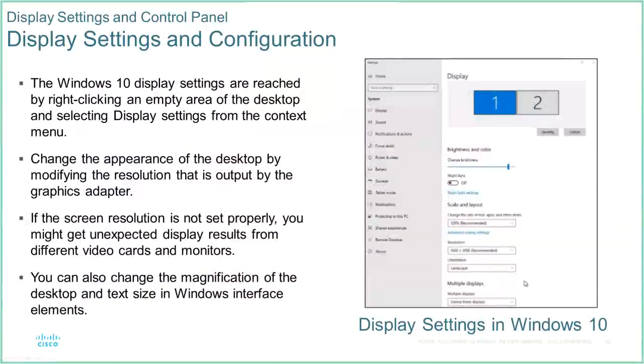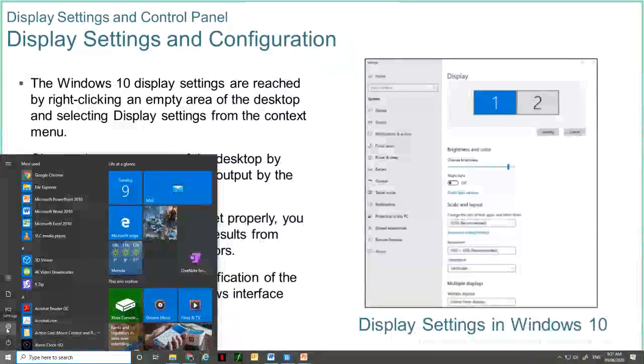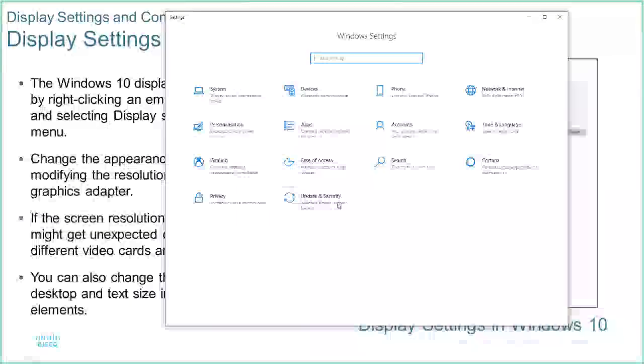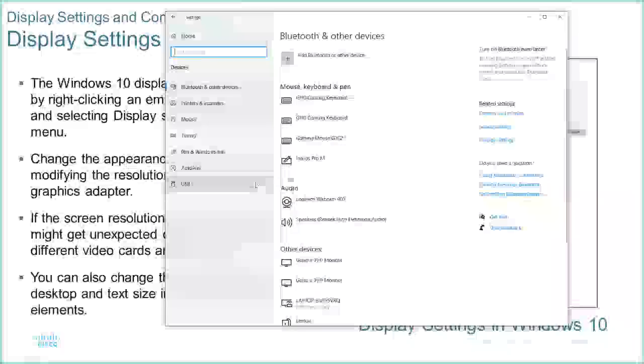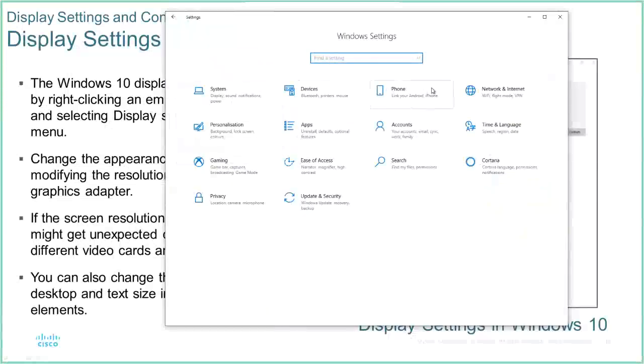Okay, so let's see if I can remember where to get it. Now, where was it in this thing again? God, who knows? Yeah. Right, Hayden, are you looking for displays? Yeah.